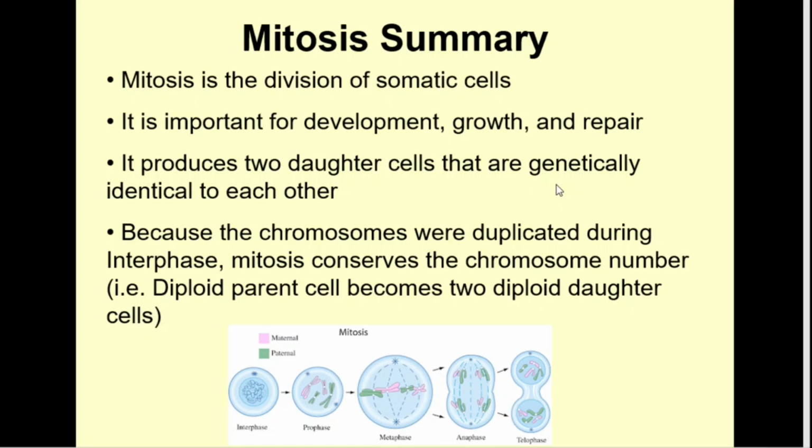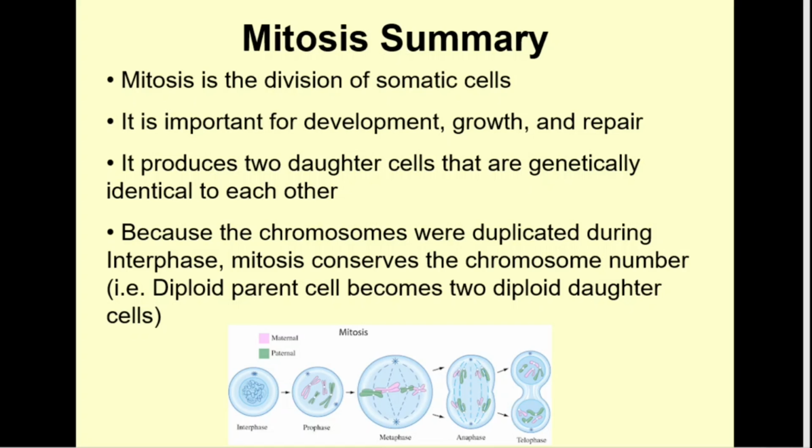And the last thing to mention is that mitosis conserves the chromosome number, the number of chromosomes. That is because during the S stage of interphase, we replicated or duplicated our genetic material. So the chromosomes were replicated. At the end of the S stage of interphase, each chromosome consists of two sister chromatids.